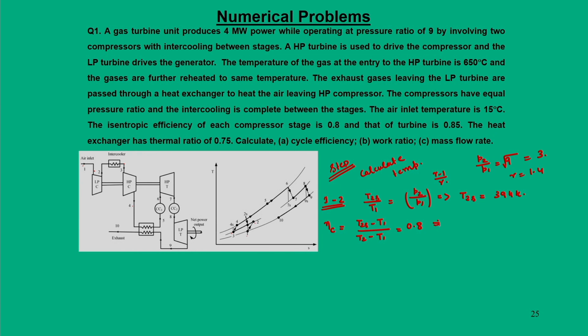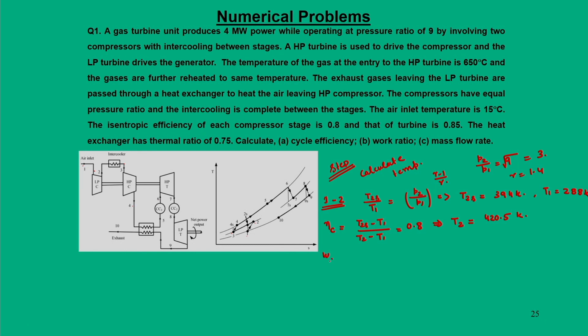This will give you the temperature T2, because T1 is 15 degree centigrade, that is 288 Kelvin. So, T2 will be 420.5. Then we have to find the compressor work.